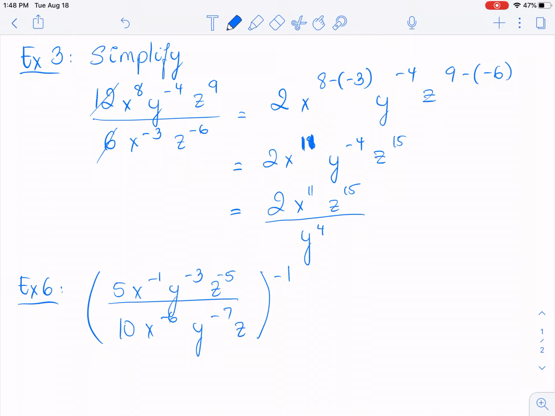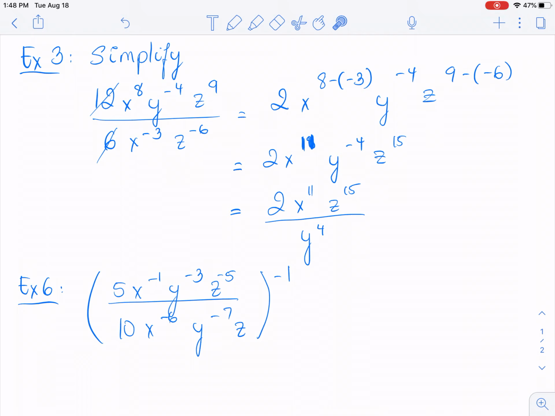All right, I want to point out something. Every time you take care of the rules of exponents, make sure you do one rule at a time. So for example, if I want to take care of the inside, I'm not doing anything with that negative 1 right here.